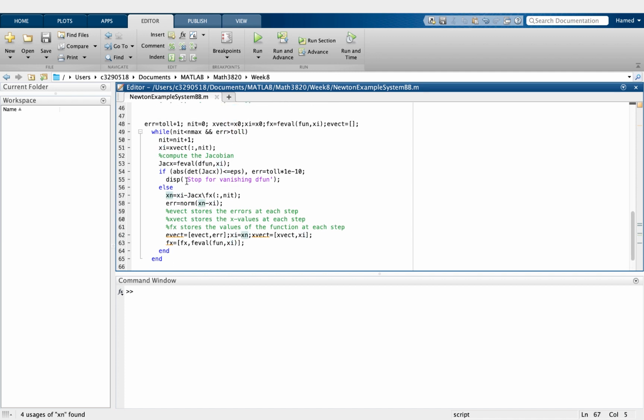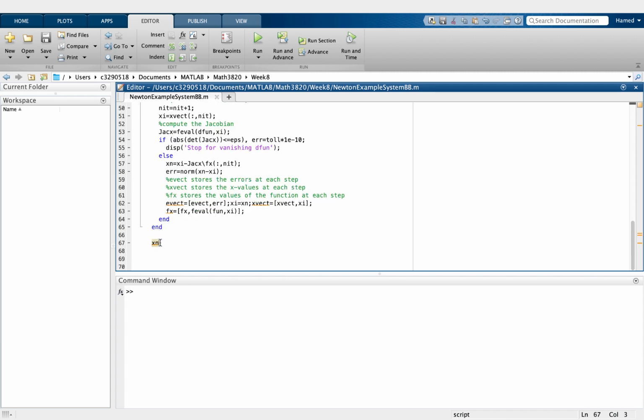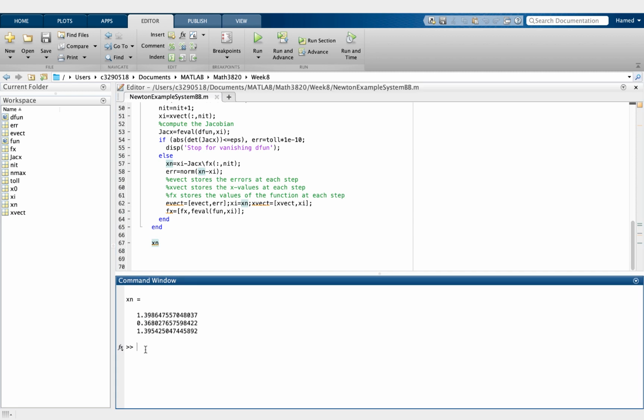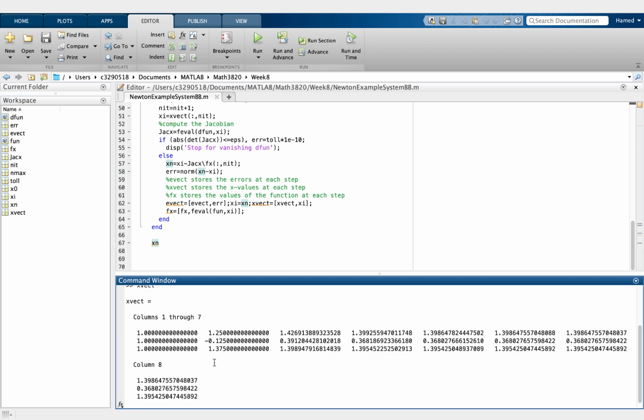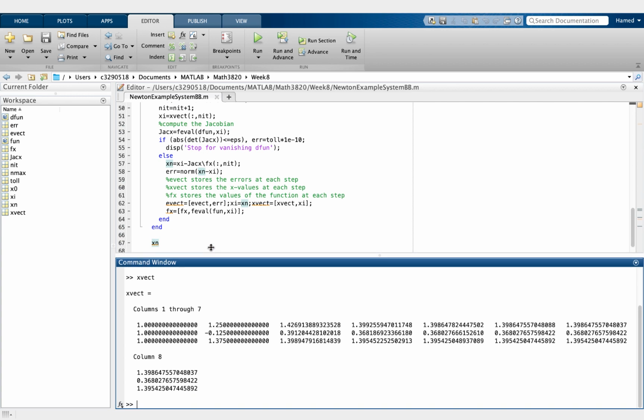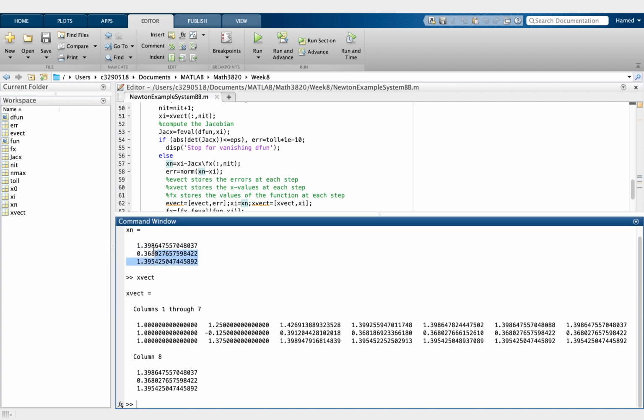Now, after reaching the appropriate tolerance, we want to calculate xn. We can calculate xn or x vect. Let's run the code. You see that xn is this one, or we can write x vect, and the last column will be equal to xn here.